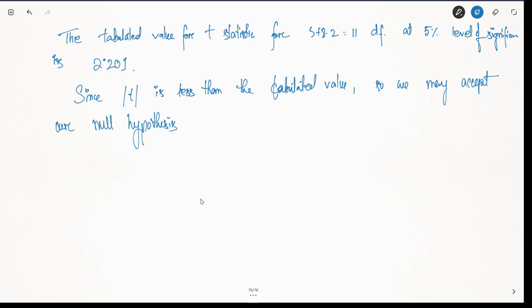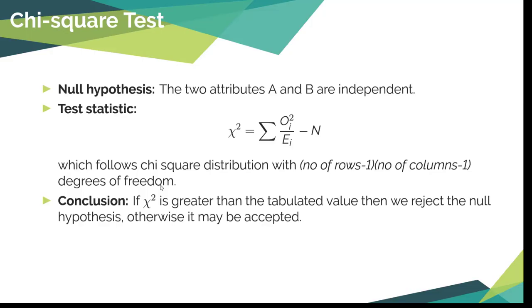That means we can accept that the performance of both the supplements is the same. The average increase or gain in weight is the same for both supplement A and supplement B. So this is an example of a t-test when you have two samples, right? Independent sample t-test. So the next test is the chi-square test.